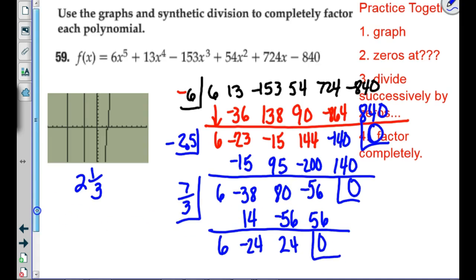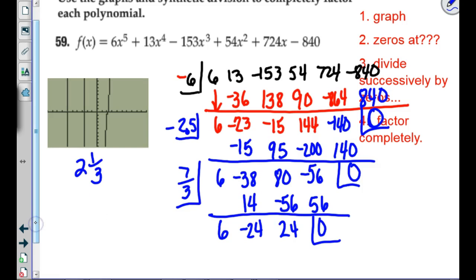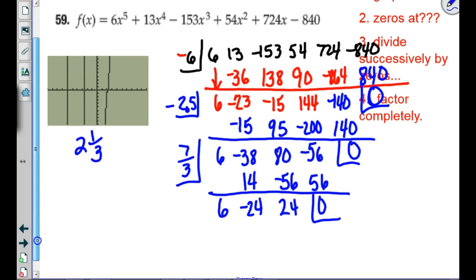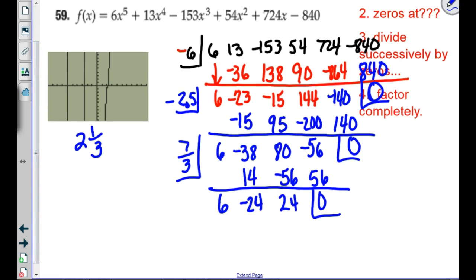Okay, well, we actually now can factor it completely. What are the factors, guys? Oh, what's left here is a 6x squared minus 24x plus 24.